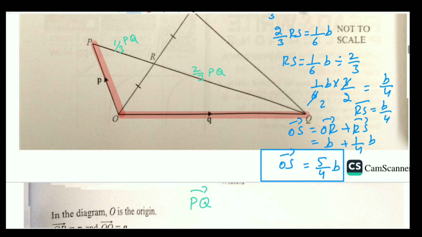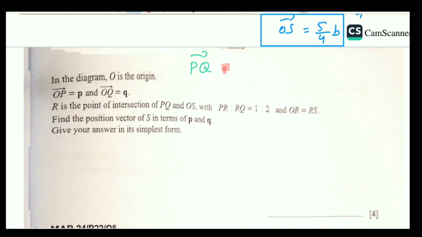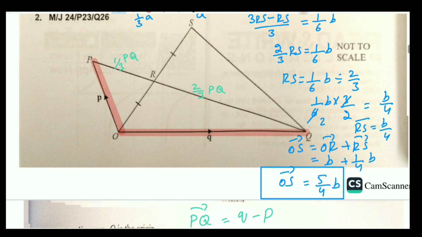So it will be P to O. PO is minus P and OQ is plus Q. Minus P plus Q, you can say Q minus P. So it means PQ is Q minus P. So PR will be 1 by 3 of Q minus P.